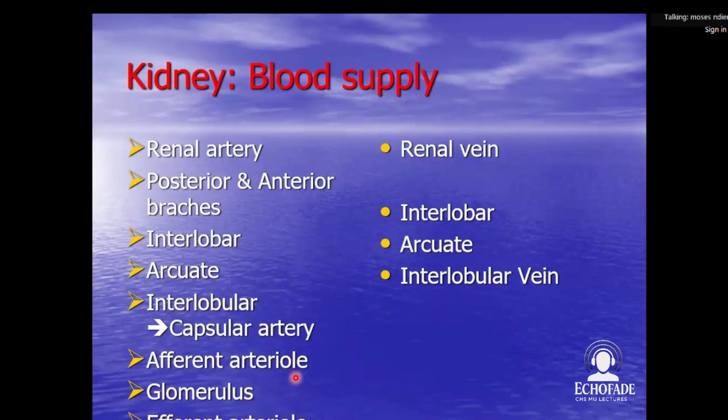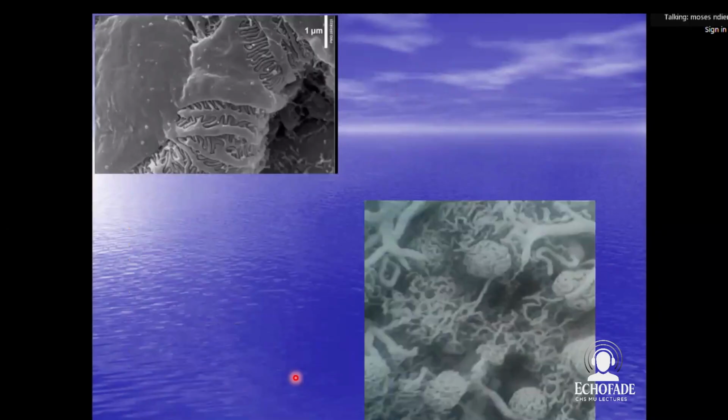in terms of ultrafiltration at the glomerulus. This is the structure of the glomerulus. These are the blood vessels. We have injected some dye, some solid latex, into the blood just to demonstrate that the capillary network that we refer to as the glomerulus is fed by a large vessel.